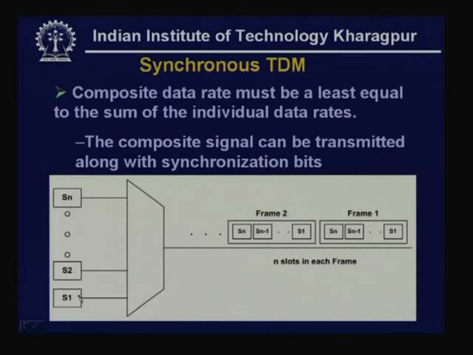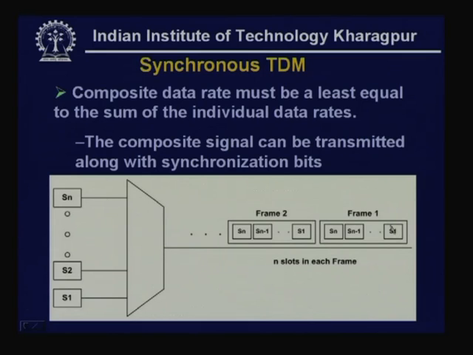Here are the buffers coming from different sources, and here you have some kind of switch. First the connection is established between S1 and this output, then S2, then in this way it takes turns up to Sn, but it is done very fast, and some kind of framing is done.